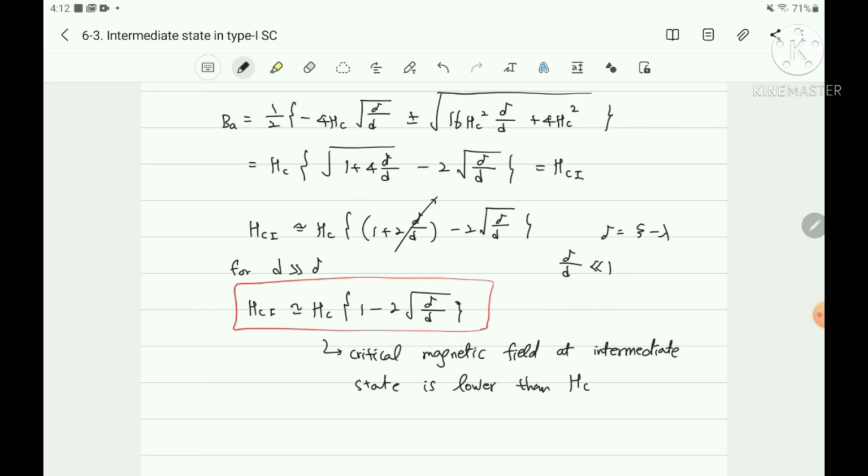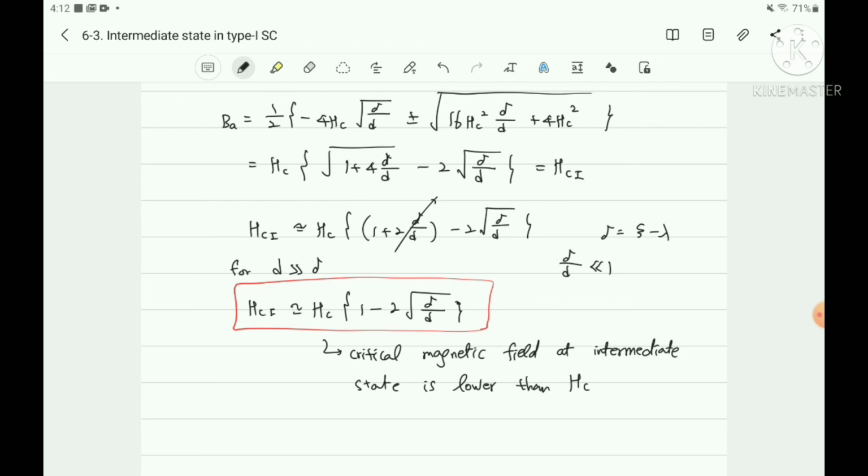Therefore, a finite delta means a finite, large coherence length compared with the penetration depth, which is conventional in type 1 clean superconductors, and at the critical magnetic field there is an intermediate state. The intermediate state means a mixed state between the normal state and the superconducting state. It is natural to understand.